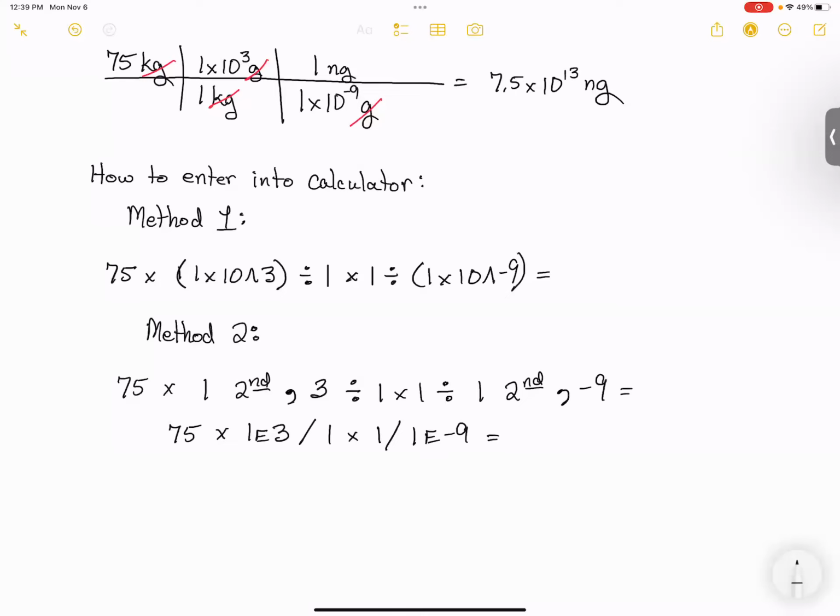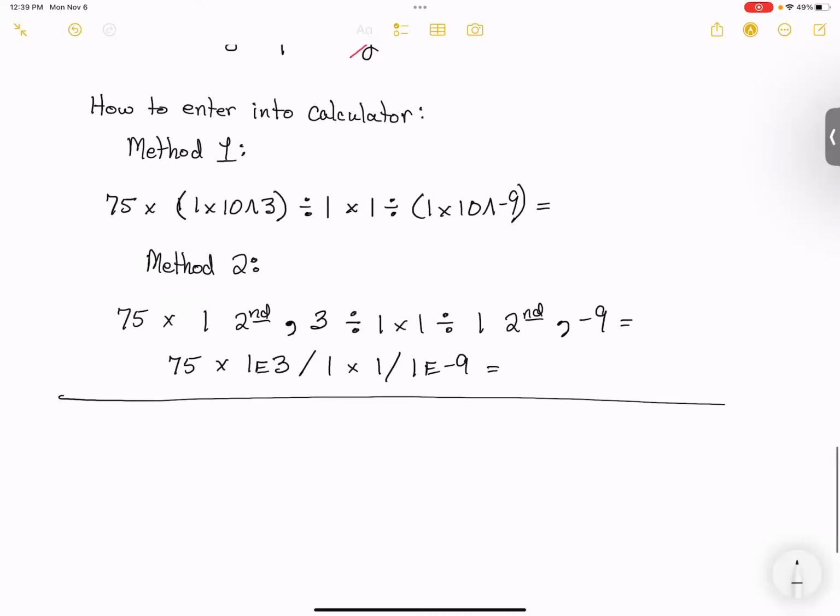Other questions? Let's do one more. A 125 centiliters equals how many deciliters?